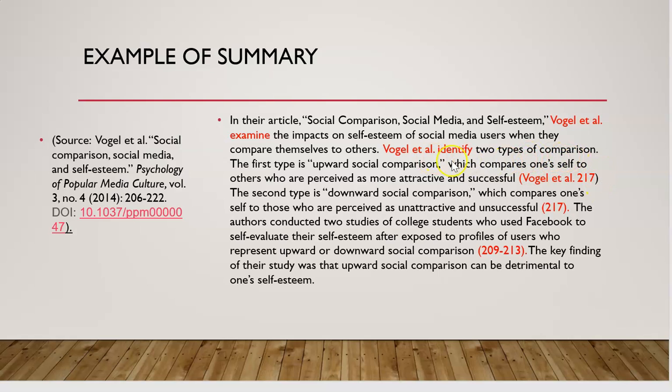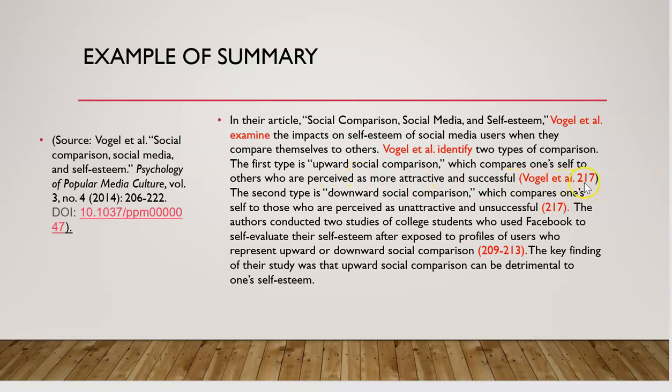And they've introduced 2 types of comparison, what they call upward social comparison and downward social comparison. So I put those words in quotation marks because that's the words that they used in the article. I probably wouldn't use those words otherwise. So I just wanted to give credit to the original authors that those were their words, not mine. And then they kind of explain what each of those terms represents.